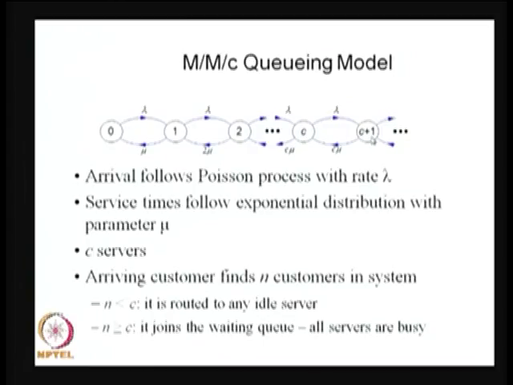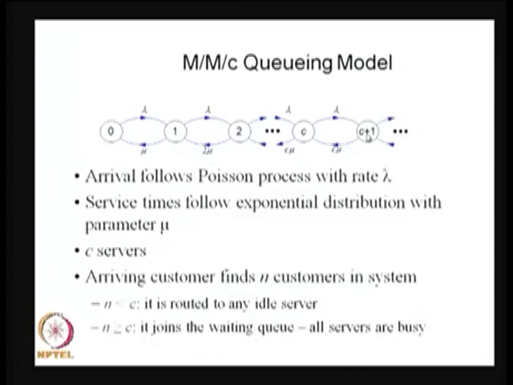Now, we will discuss the rate at which the system moves from state C plus 1 to C. The system state is C plus 1, that means the number of customers in the system is C plus 1. We have C servers, therefore one customer will be waiting for the service in the queue.